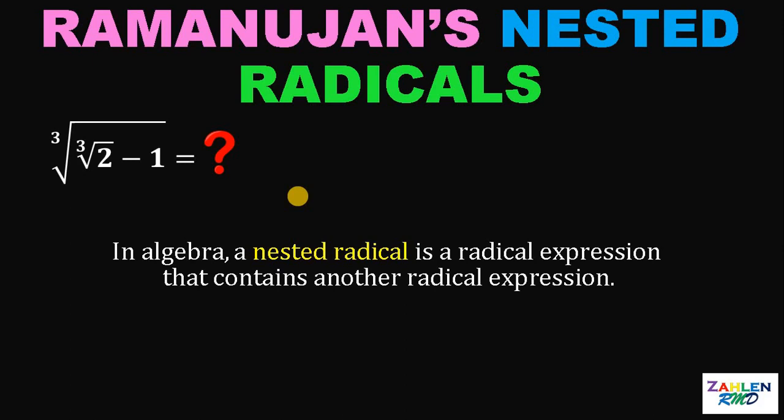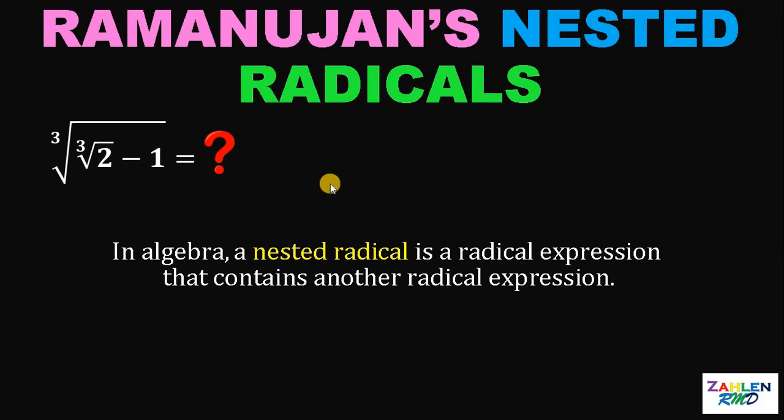Some nested radicals can be rewritten in a form that is not nested, and rewriting a nested radical in this way is called denesting. This is not always possible, and even when possible, it is often difficult. And that's our goal in this video, to denest this cube root of 2 minus 1.